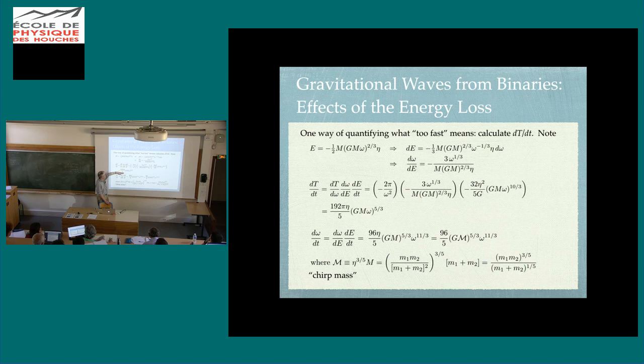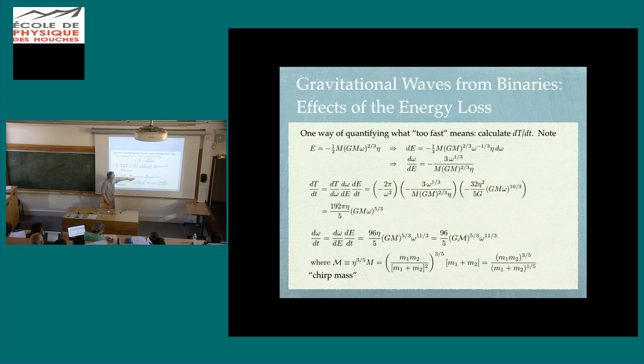I will say that a different way of talking about this is to talk about the rate at which the frequency changes. That's not a unitless quantity, so it's more complicated. But the interesting thing is that you can write that. Here I had an omega to the 11/3 because I'm not dividing by omega to the 6/3 the way I did before.